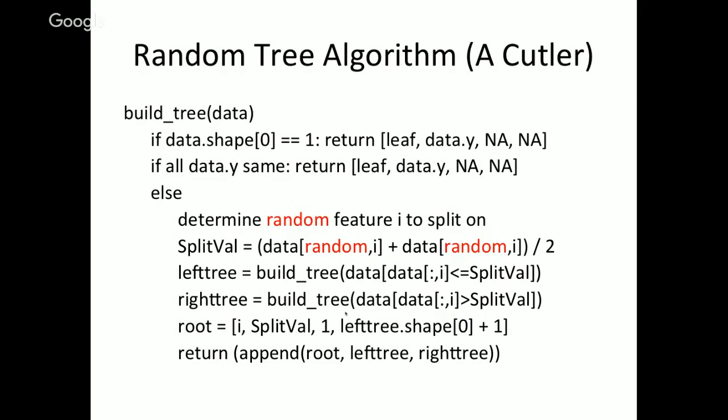Rather than burn all of that time trying to decide what the best feature is to split on, let's choose it randomly. Clearly, picking a random number from 0 to 10 is a lot faster than doing the correlation on 10 columns of 1,600 pieces of data. So that speeds things up significantly.